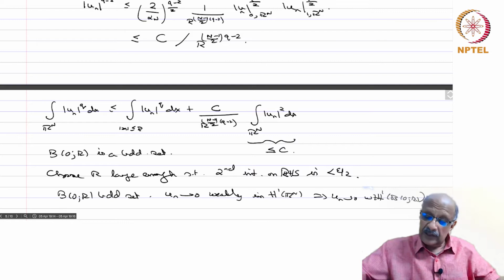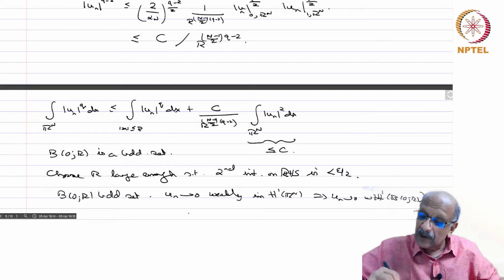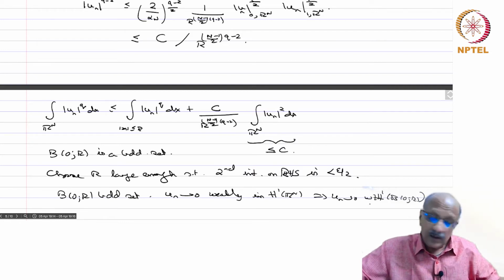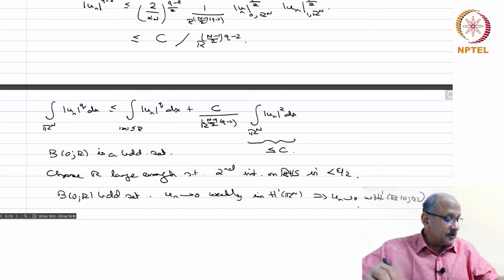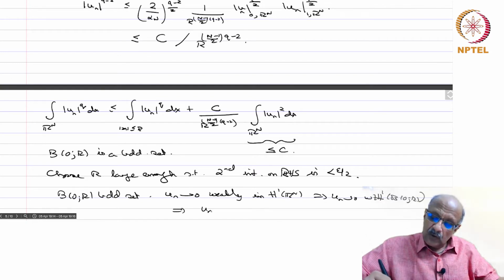It's true for anything because that is contained in the other one, and therefore you have that un goes to 0 in Lq of B0R.